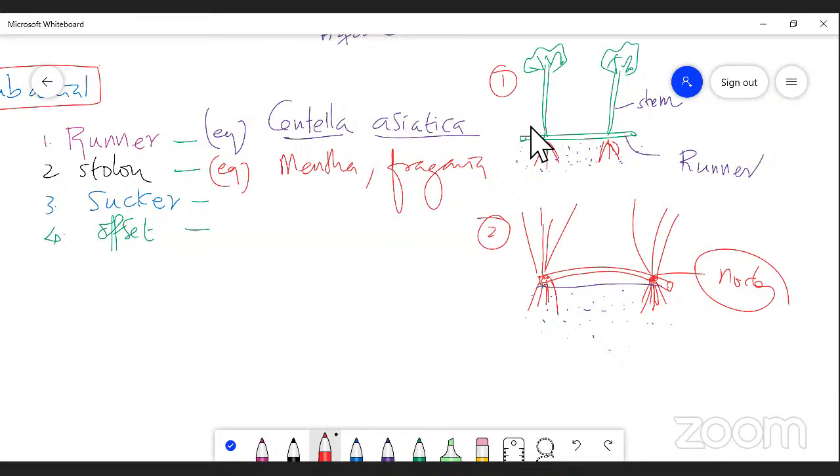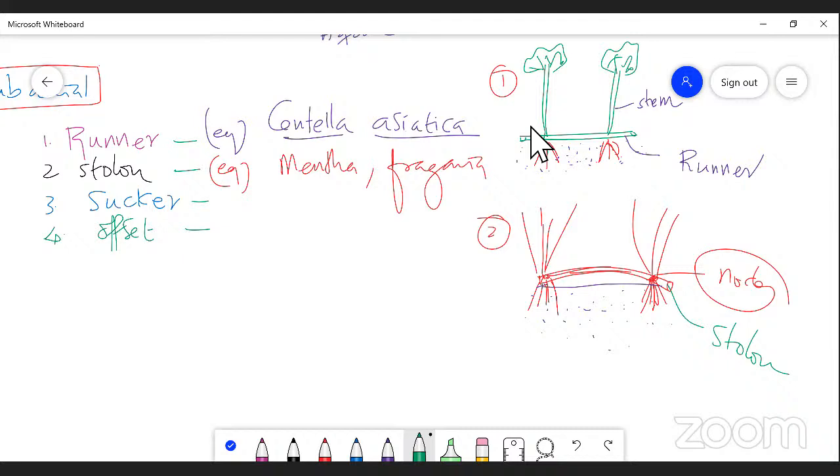There is a node on this stolon. I'm talking about the second, this is a stolon. It's a cylindrical structure that grows just above the soil surface. It grows continuously and horizontally, but sometimes the branches may arise towards light, and the adventitious root system goes towards the soil, showing geotropic nature.